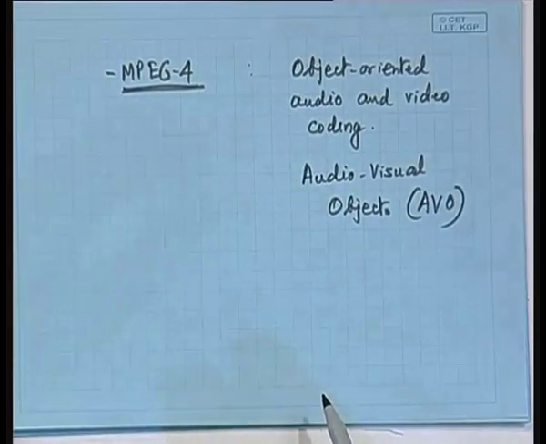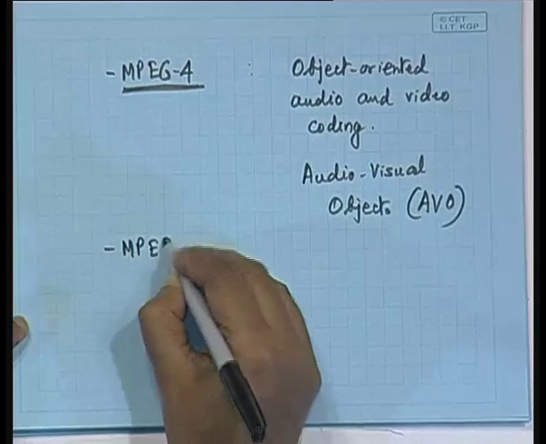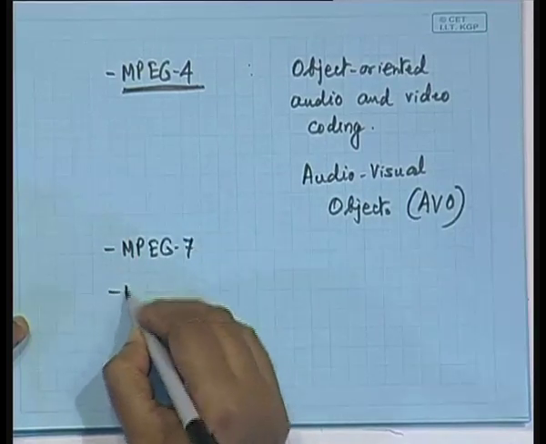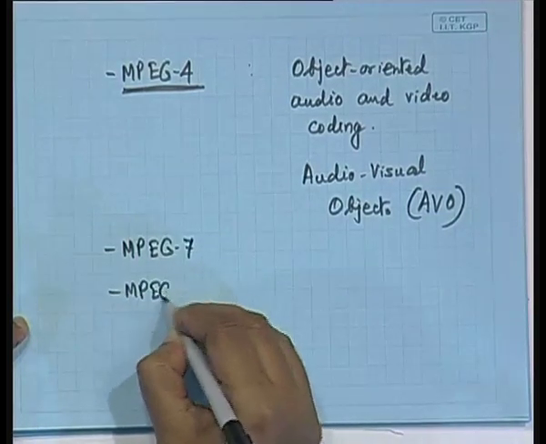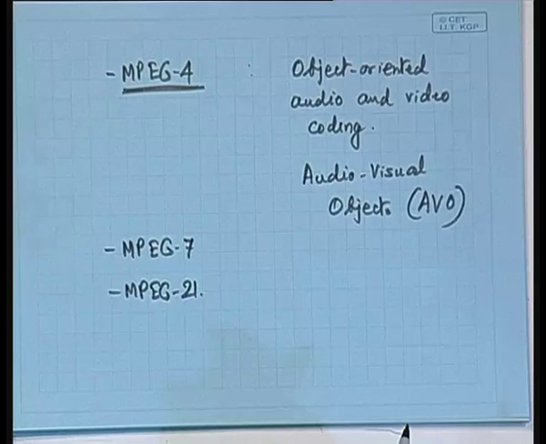Then there are further MPEG standards which are getting proposed now. Now the work is on MPEG 7 and on MPEG 21. Of course, they address different aspects, for which we can make a brief mention a little later.